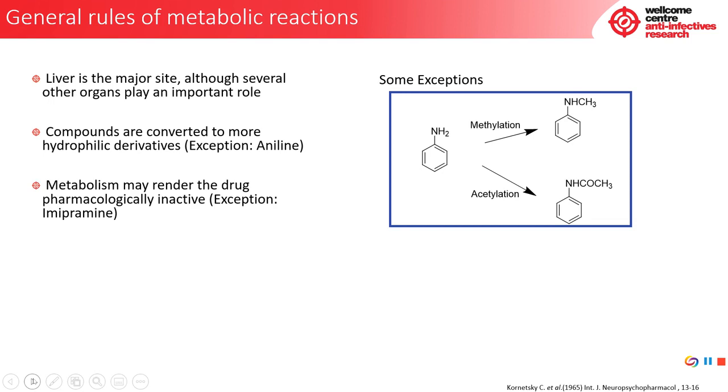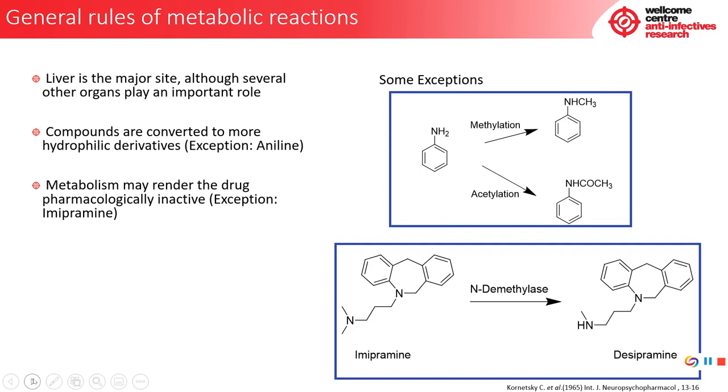Metabolism often renders a drug pharmacologically inactive, but there are exceptions to this as well, as in the case of imipramine and desipramine, which are both antidepressants, but desipramine is a better antidepressant than the imipramine from which it was made by N-demethylase.